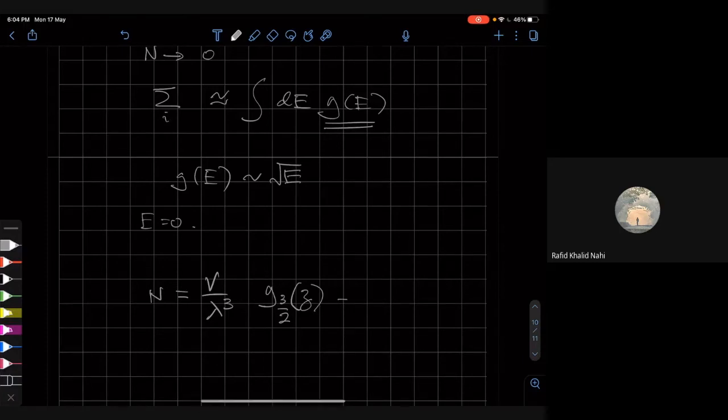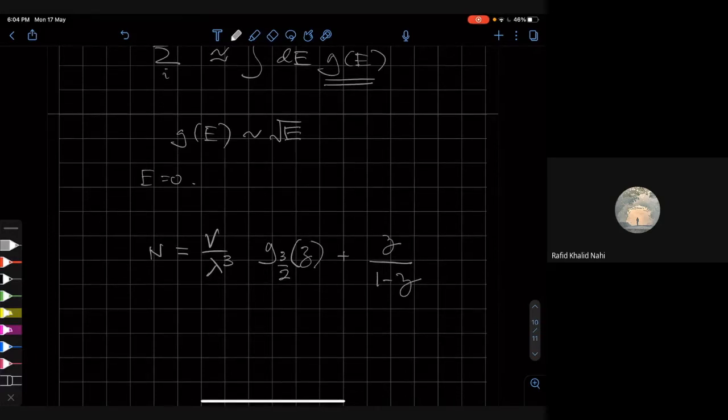And then we found there was an additional contribution from the ground state, which was like this. The T goes to Tc limit corresponded to z going to 1. And when z goes to 1, we see that this thing blows up, and therefore, as this thing goes down, we can keep N constant.